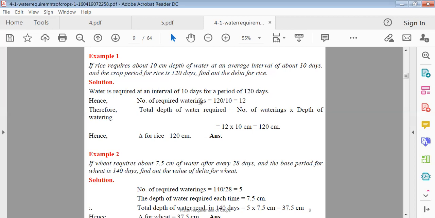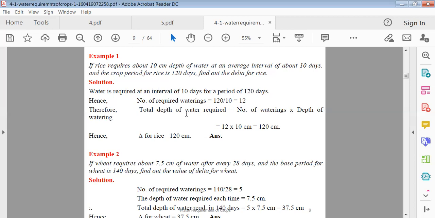Now the total required watering. We have to find out how many times we have to water the crops. Total number of required waterings is equal to 120, the total period, divided by the interval, 10, which is equal to 12. Now the total depth of water required is equal to number of waterings into depth of water.